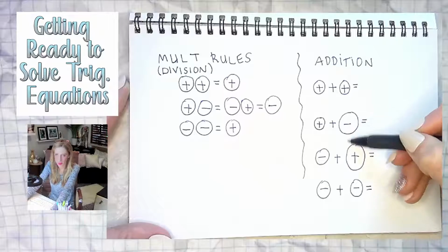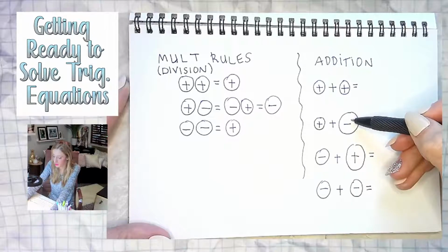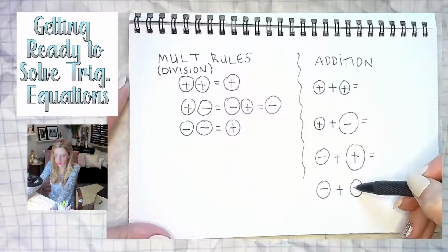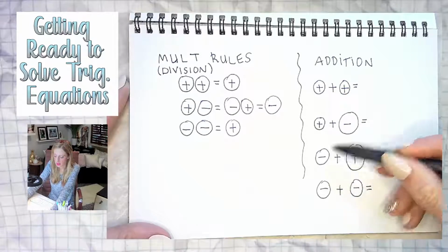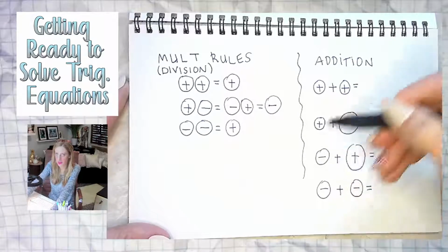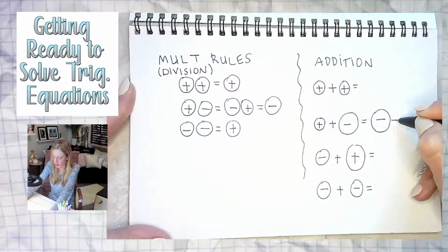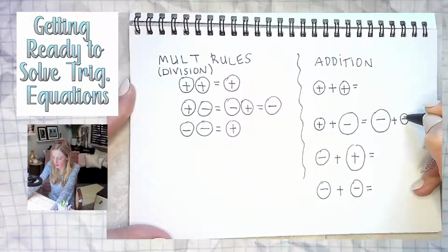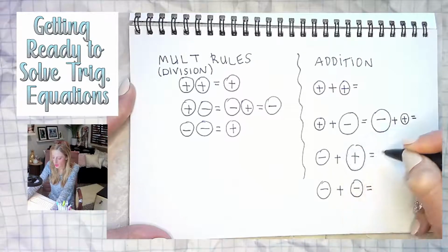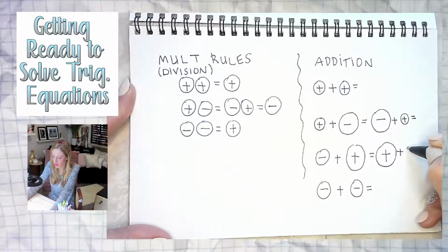Plus negative, some of you might be thinking in your head means minus. Okay, plus negative means minus. These two here can be turned around. They could also be written as that bigger negative plus that smaller positive. Or this could be written as that bigger positive plus that smaller negative.